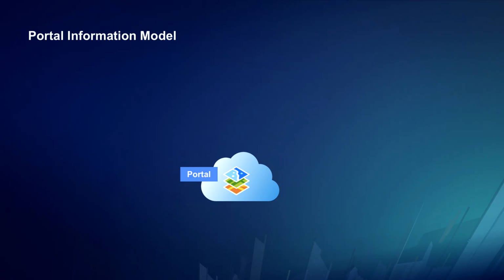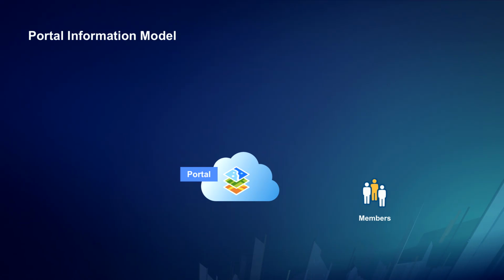So to understand the various pieces of what you can control, you have to start with fundamentals, which is what we call the portal information model. So there's four components to this. There's first of all the portal, which is what you work in. This is the thing that you log into and use.